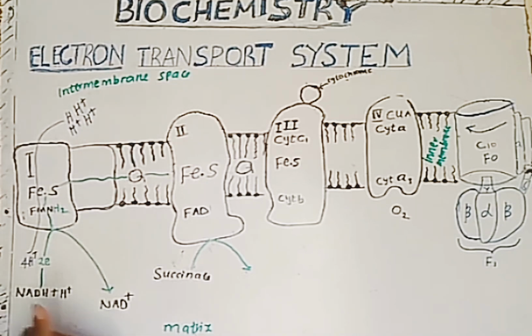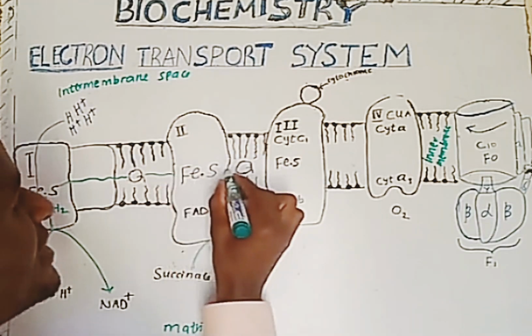Therefore, a proton gradient exists between the matrix of the mitochondrion and the intermembrane space. Coenzyme Q does not transfer electrons directly through complex 2, but it moves within the inner membrane of the mitochondrion and does what we call transfer of electrons.